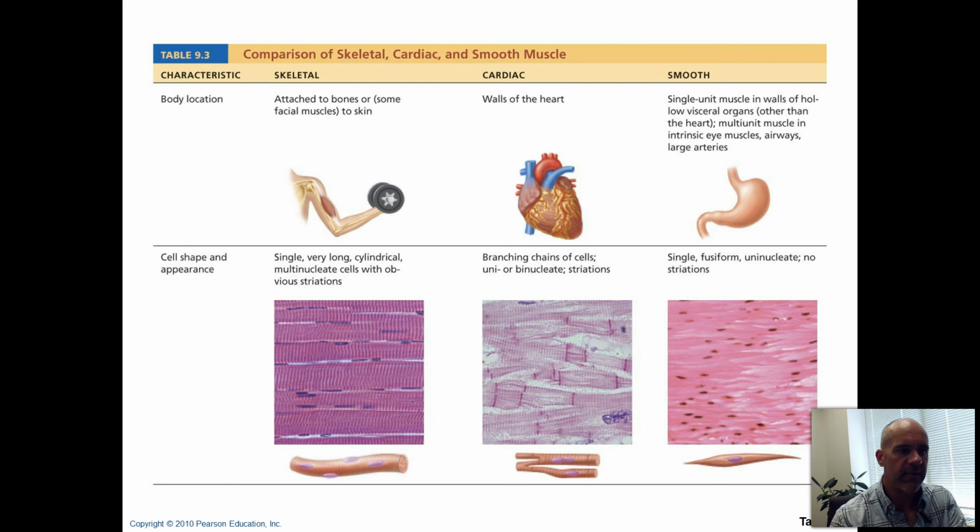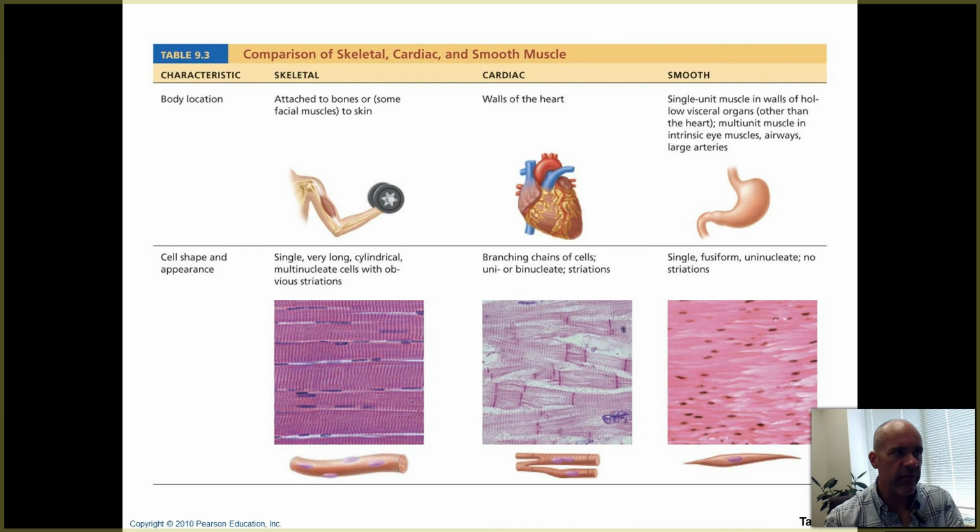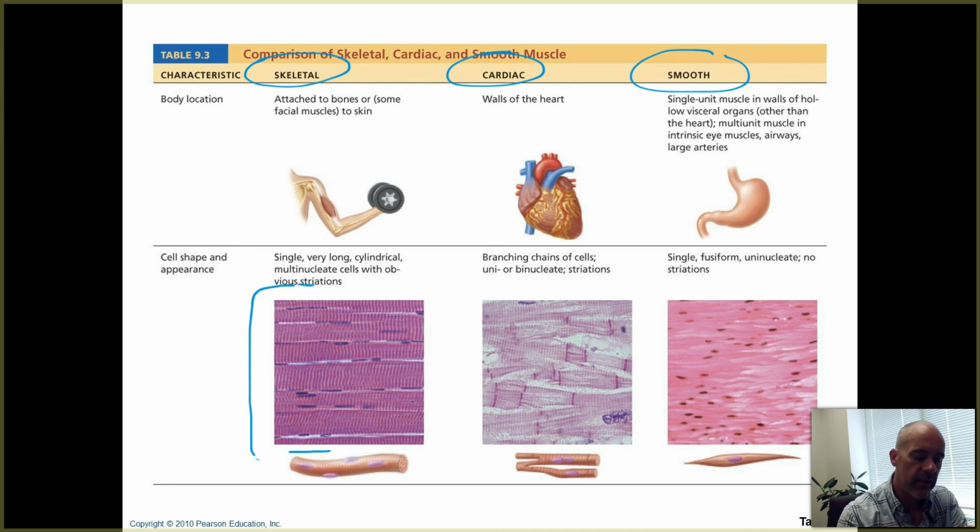Okay, and this is a diagram which just illustrates some of the differences between skeletal, cardiac, and smooth muscle tissue for you, and I'm showing you some example locations. And you can see here is what skeletal muscle tissue would look like under the microscope.